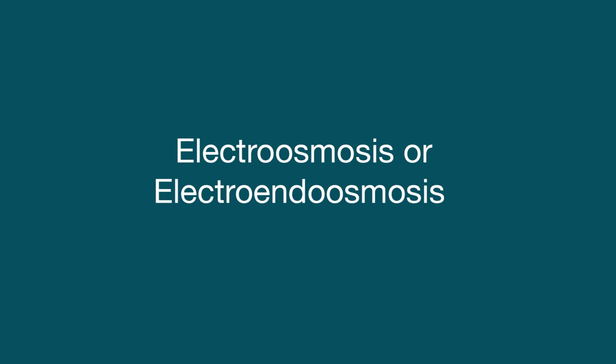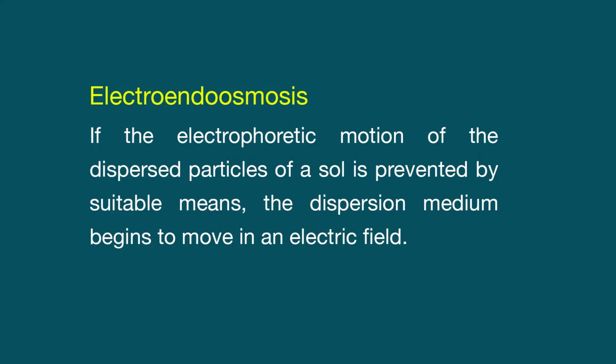Now we can move to electroosmosis, or electro-endosmosis. If the electrophoretic motion of the dispersed particles of a sol is prevented by suitable means, the dispersion medium begins to move in an electric field. This phenomenon is known as electroosmosis.